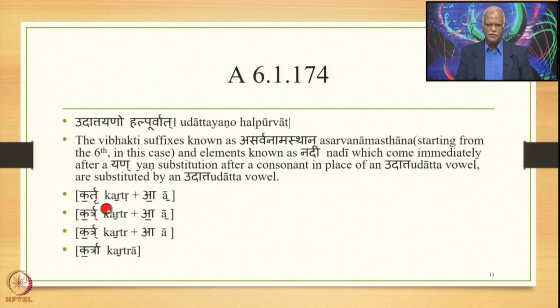Here is an example, kartru plus a, and then there is a yan sandhi taking place. So this ru becomes r. We have kartra plus a, and we join it together and we have kartra. Remember, this a is marked as anudatta over here, but in this particular step it is marked as udatta, and as a result this final a is marked as udatta.